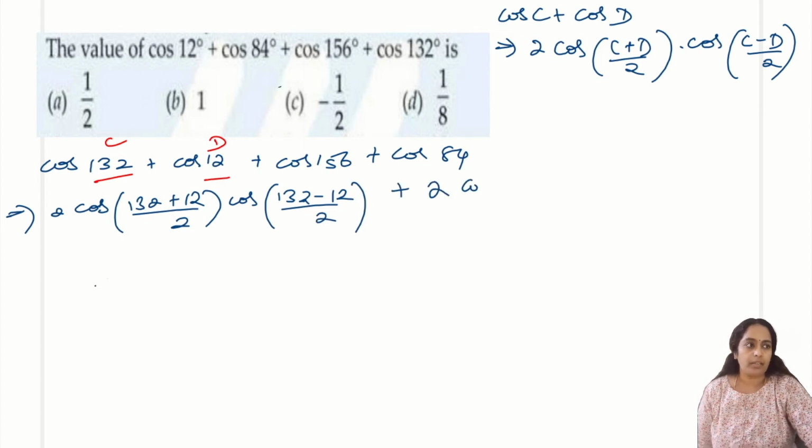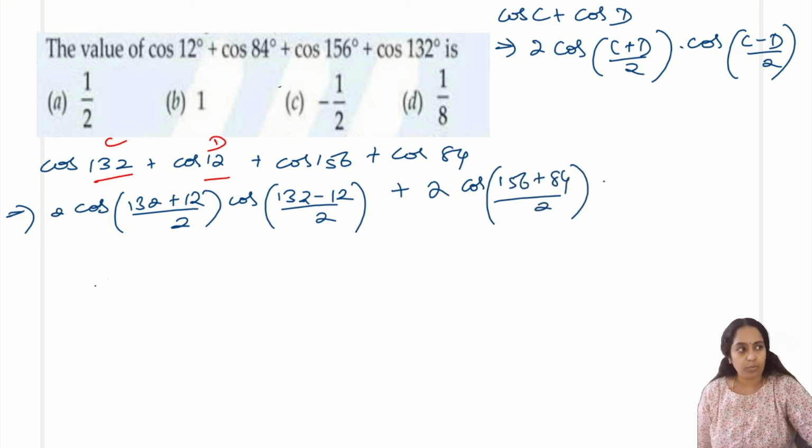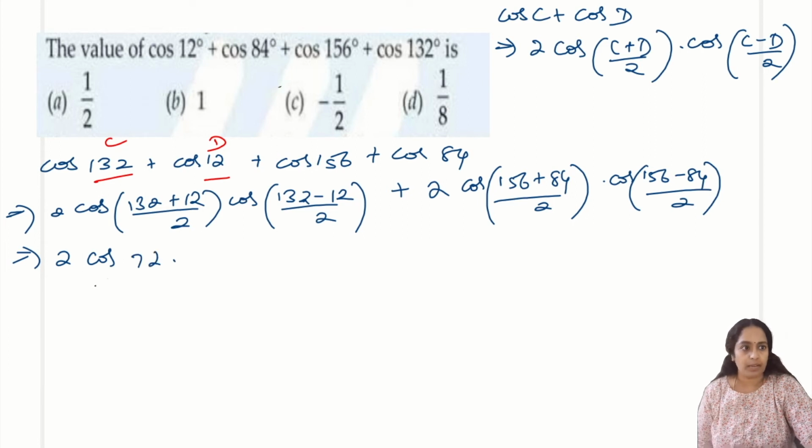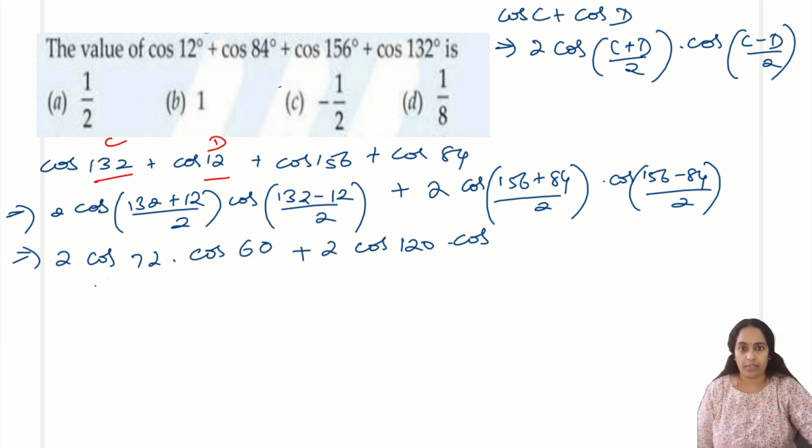So here I have 2 cos 156 plus 84 divided by 2 cos 156 minus 84 divided by 2. So it will be 2 cos 72. Here it is cos 60. 132 minus 12 is 120 by 2, which is 60. Here 2 cos 156 plus 84 is 240. 240 by 2 is 120. Cos 156 minus 84 by 2 is cos 72 by 2, which is cos 36.